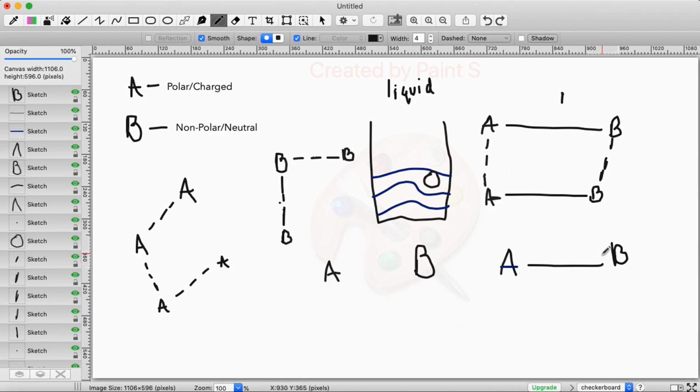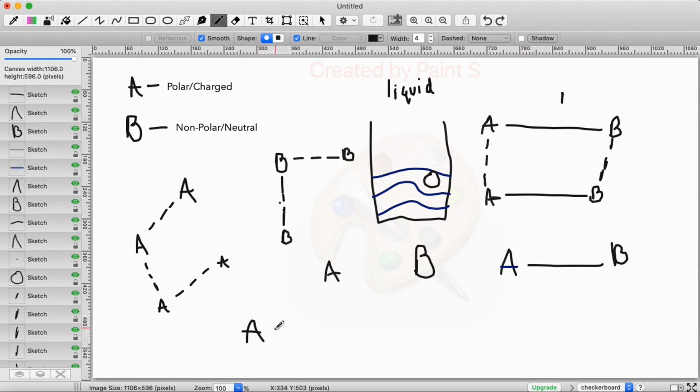If you were to add this to where you have A and B, interacting only with themselves, maybe a small interaction of London force, but like I said, A wants to be with A, and the polar force is much stronger, so A is going to be with A, and B is going to be with B.